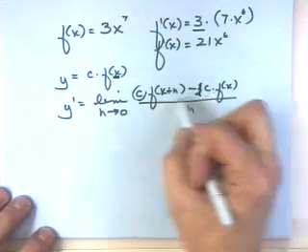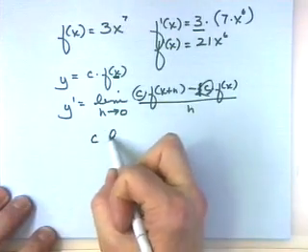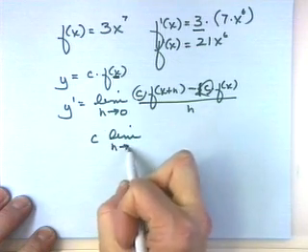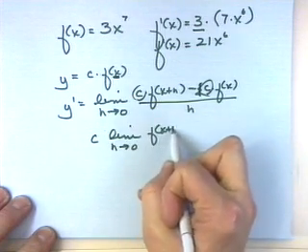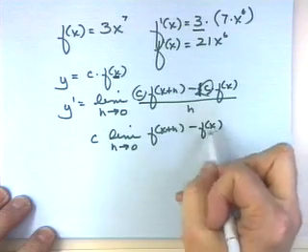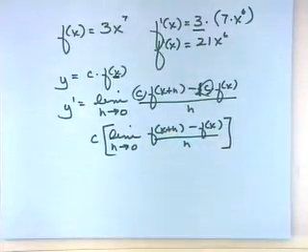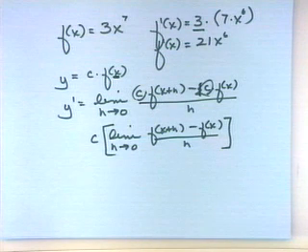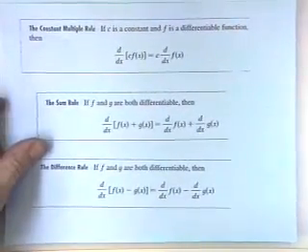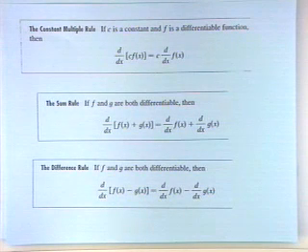So this c could be factored out, and in fact that by definition is f prime, right? So as your authors have written that out and called it the constant multiple rule, whatever you want to call it, it's fine, just so you know how to take the derivative of it.